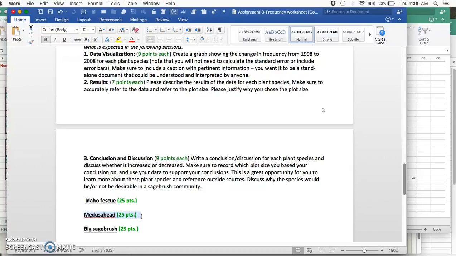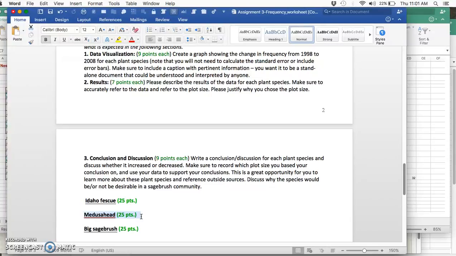We would say in a sagebrush community, the implications are that this is a good thing because Medusa head tends to take over, form monocultures, and displace native species. So something like that, making sure to cite it, saying that on this trajectory it's looking like the ecosystem itself is improving, and then find some citations. Just make sure that you're making a connection with what's actually happening in the community.